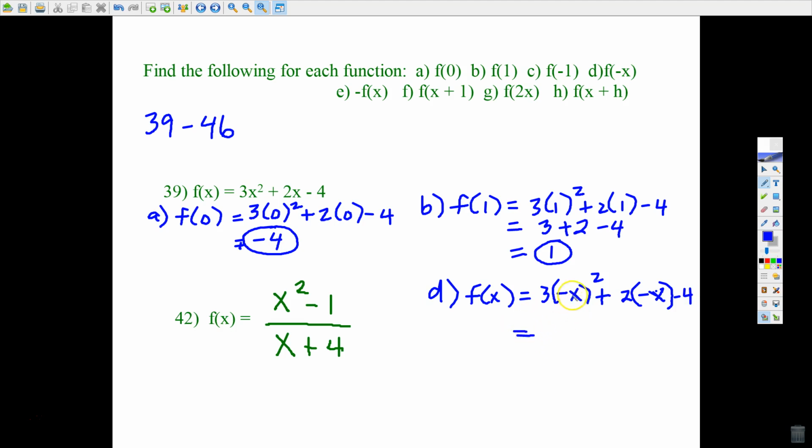Okay, well remember when you square -x, it becomes positive x squared, so this just becomes 3x squared. This is going to be subtracting, or you could add -2x. So that would be your answer for inputting -x.